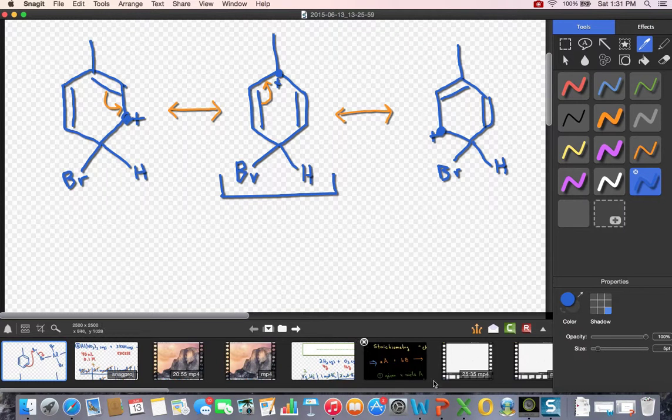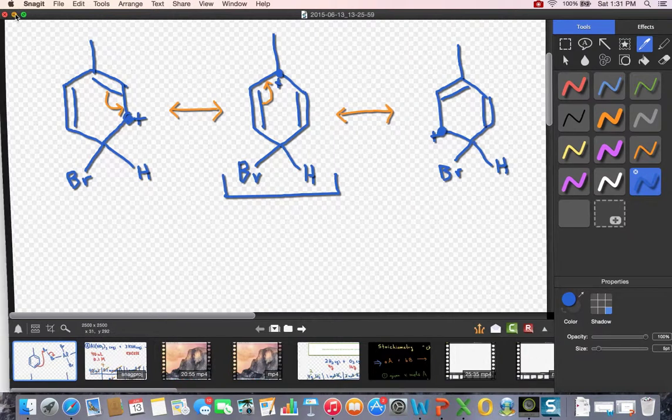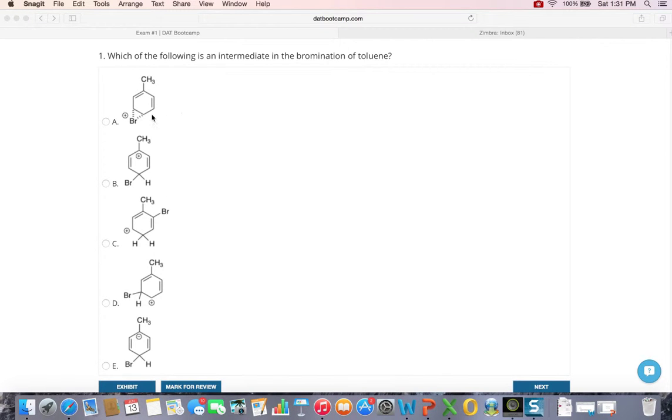So let's take a look at our answer choices once again. We do not make a bromonium ion intermediate. That's incorrect. This looks like the second sigma complex resonance contributor that I drew.